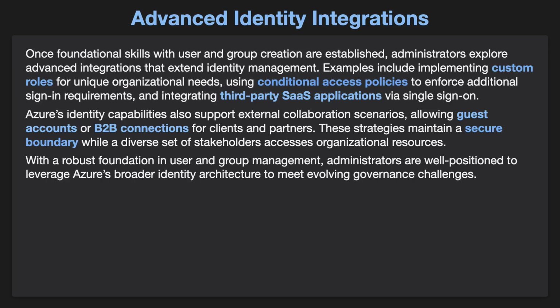Azure's identity capabilities also support external collaboration scenarios, allowing guest accounts or B2B connections for clients and partners. These strategies maintain a secure boundary while a diverse set of stakeholders accesses organizational resources. With a robust foundation in user and group management, administrators are well-positioned to leverage Azure's broader identity architecture to meet evolving governance challenges.